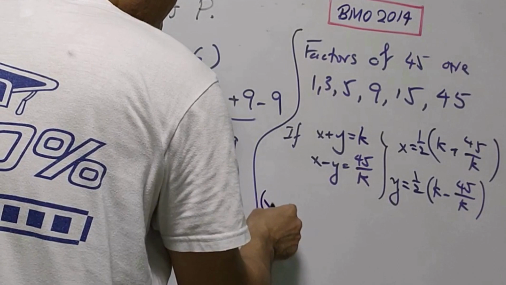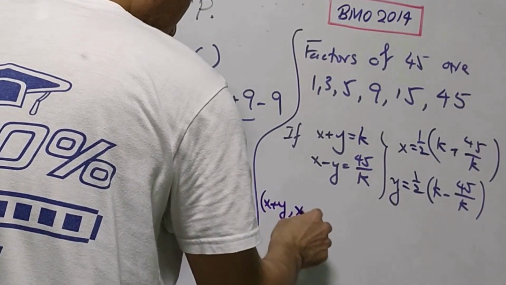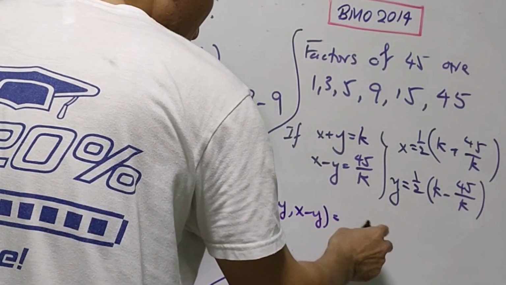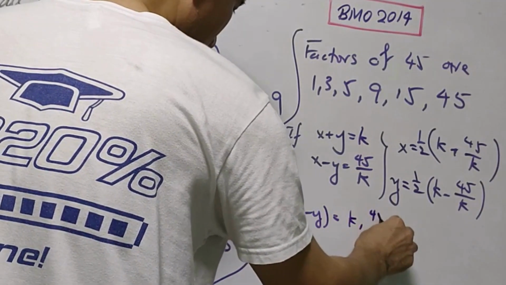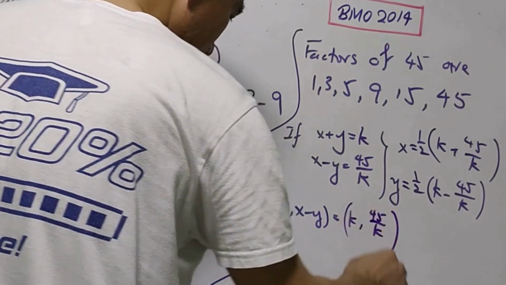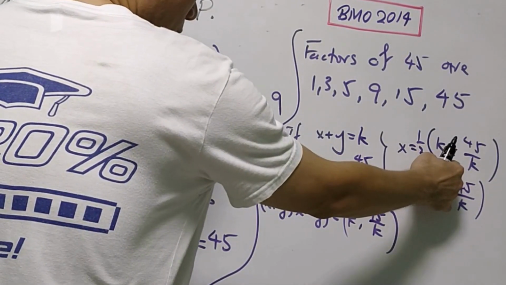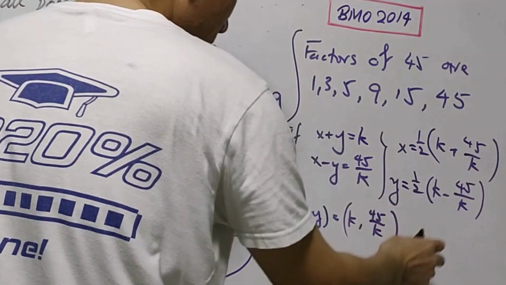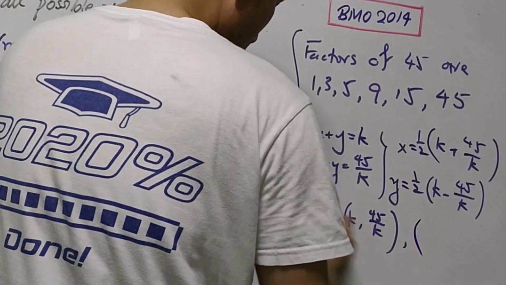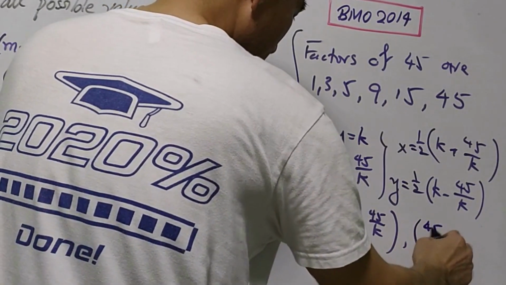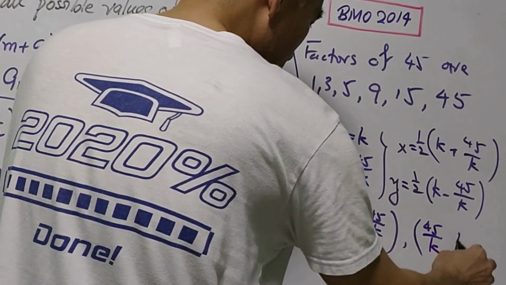If x plus y, x minus y equals k and 45 over k, the x will be equal to this value. And this will be the same if x plus y equals 45 over k and x minus y equals k.